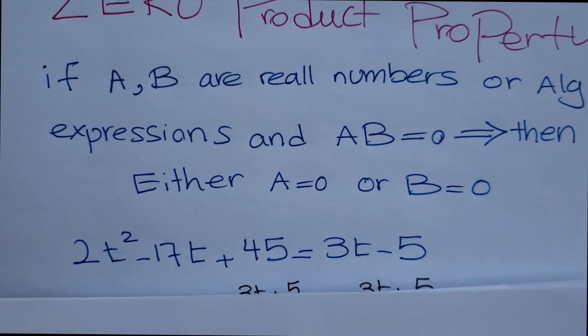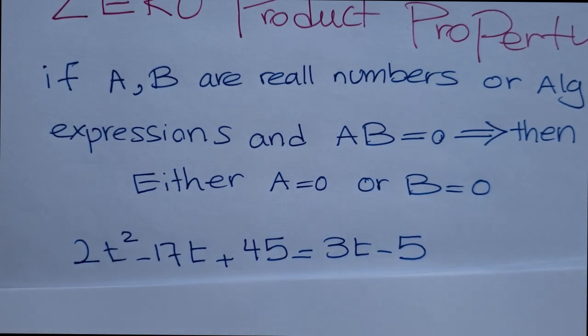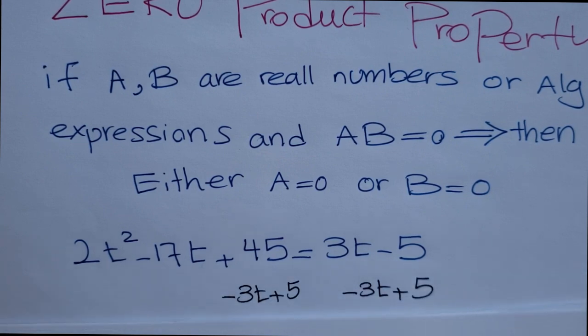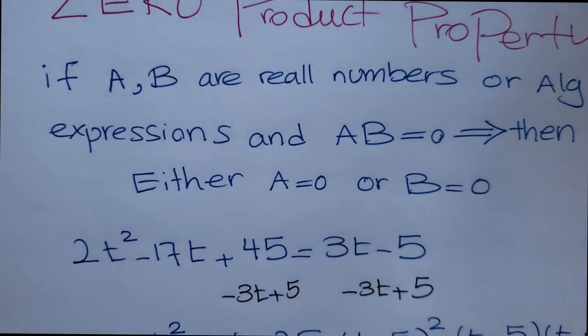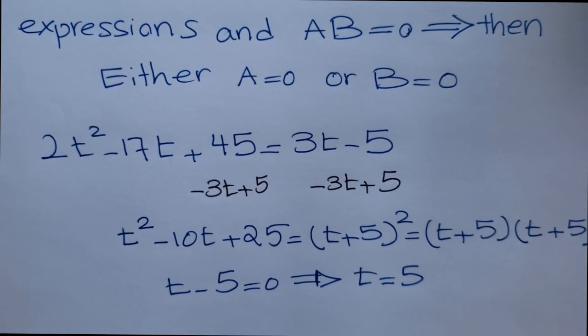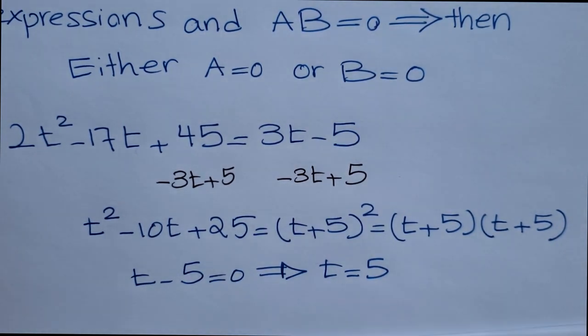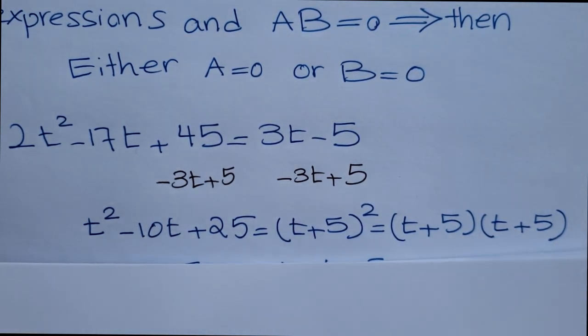So let's do a few questions to help you understand better. Let's do this example. We had this expression, and we had to simplify and rearrange it. In order to rearrange it, we added minus 3t plus 5 to both sides. Then it changed to this, and remember, it equals (t minus 5) to the power 2, which is also the multiplication of 2 binomial products.